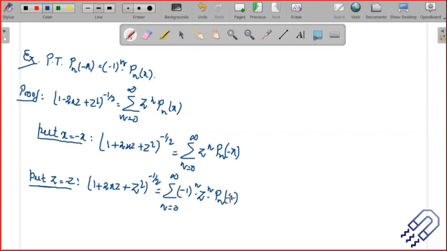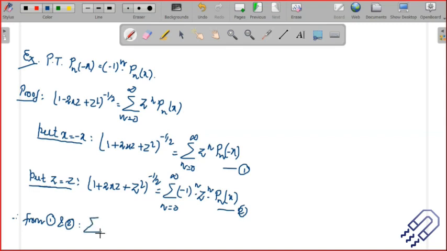Okay, so we have got these two terms. Let me mark this as number 1, mark this as number 2. Don't get confused, we are putting z = -z in this equation, not in this equation, so it is x, it's here x. Okay, so don't get confused here. So what you can say, therefore, from 1 and 2 we have this side is the same, so this side we can equate.